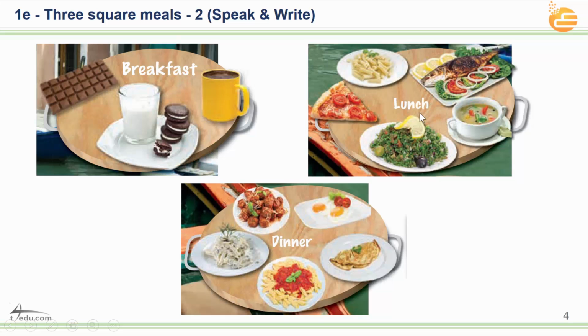After that, the lunch. You eat it in the afternoon, maybe from 12 to 3, 4, maximum 5 p.m. And we have 5 different kinds of meals. And we want to know which one Alfredo eats every day and which one he doesn't eat.